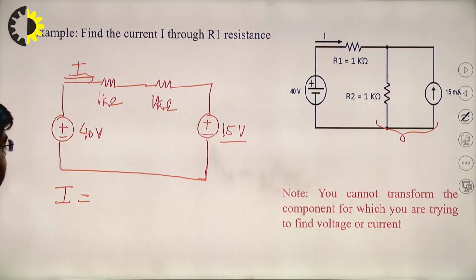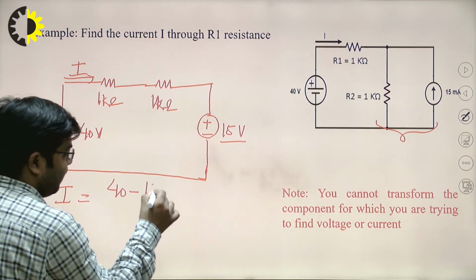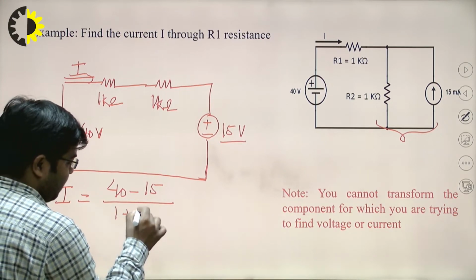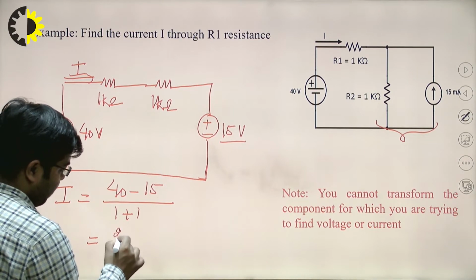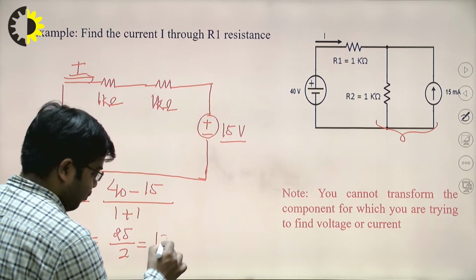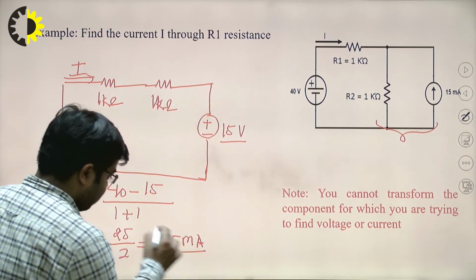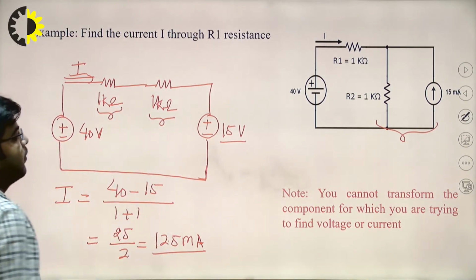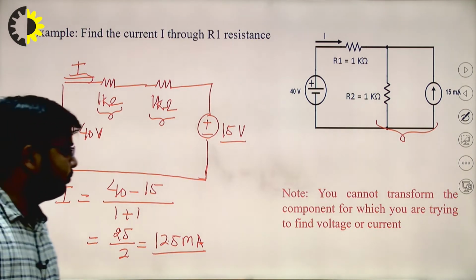So this is the direction. So 40 minus 15 divided by total resistance 1 plus 1. So this will be 25 divided by 2. So this will be 12.5 milliampere, because this value is in kilo. Okay, so the current will be in milliampere.